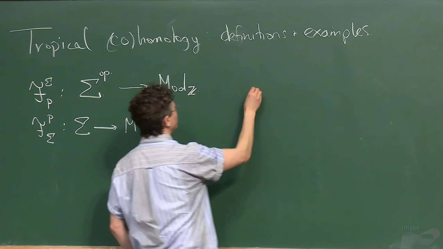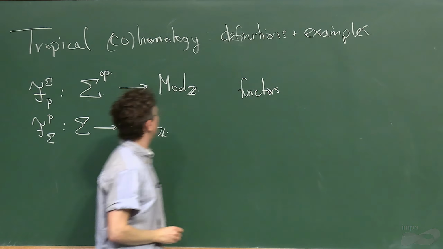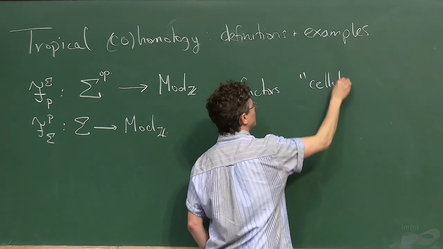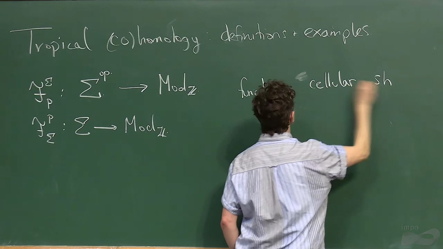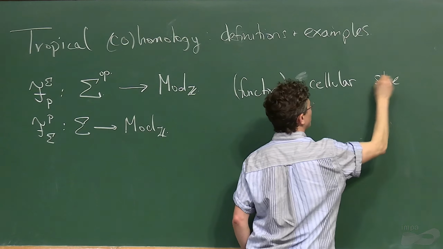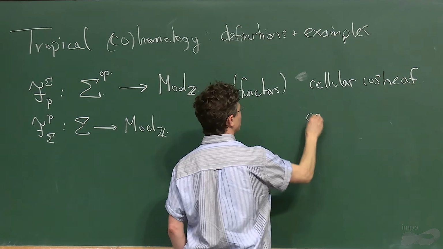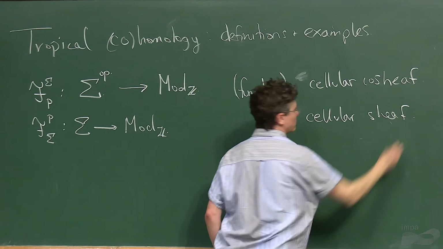So these are functors. And in other words, I should write, this is a cellular co-sheaf, sorry, this one's a co-sheaf, and this one is a cellular sheaf.